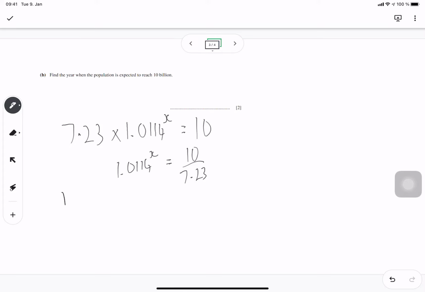So if I take logs of both sides, now logs are to do with exponents. I'm just going to leave it at that for the time being. And the beauty about logs is that exponent can now be written as a coefficient.